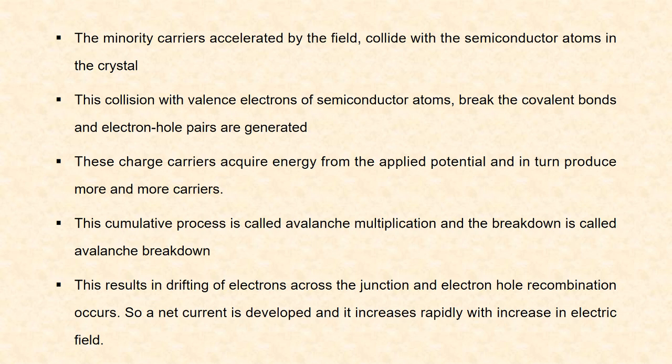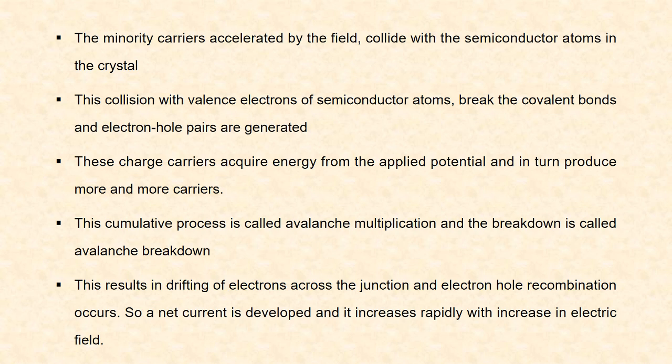In case of p-type material, the minority carriers are electrons, and in case of n-type material, the minority carriers are holes. This collision with valence electrons of semiconductor atoms breaks the covalent bonds of atoms and causes electron-hole pairs.